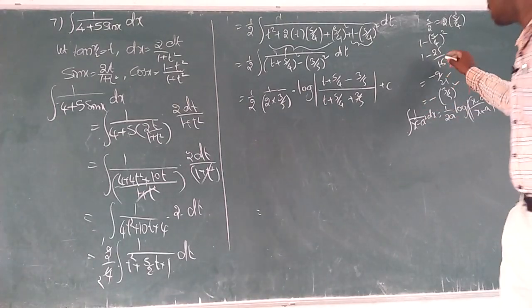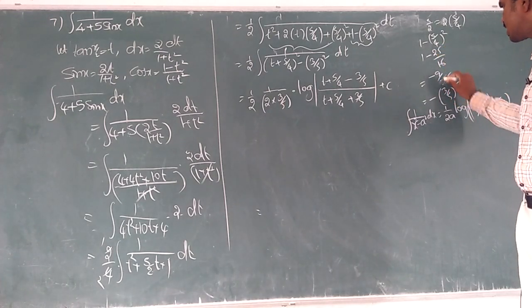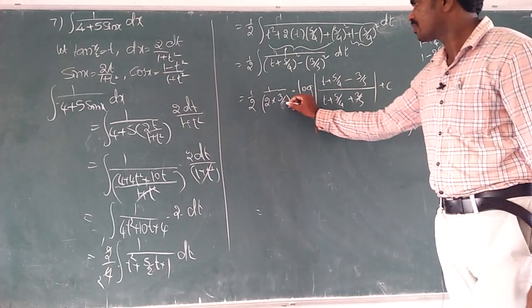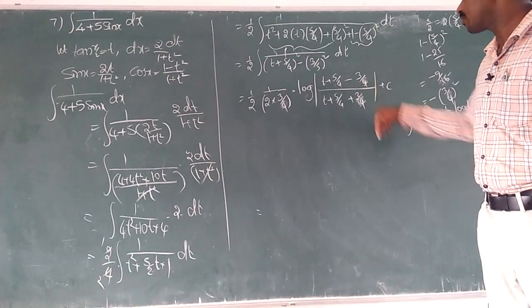Okay, so here 16 minus 9 by 16 is there. 9 by 16 is 3 by 4 whole square. So 1 by 2a into log of x minus a by x plus a.